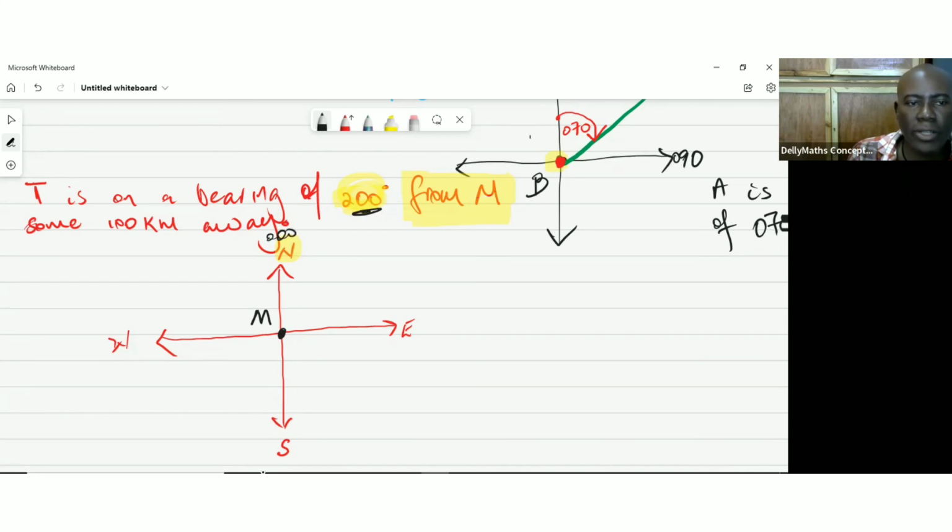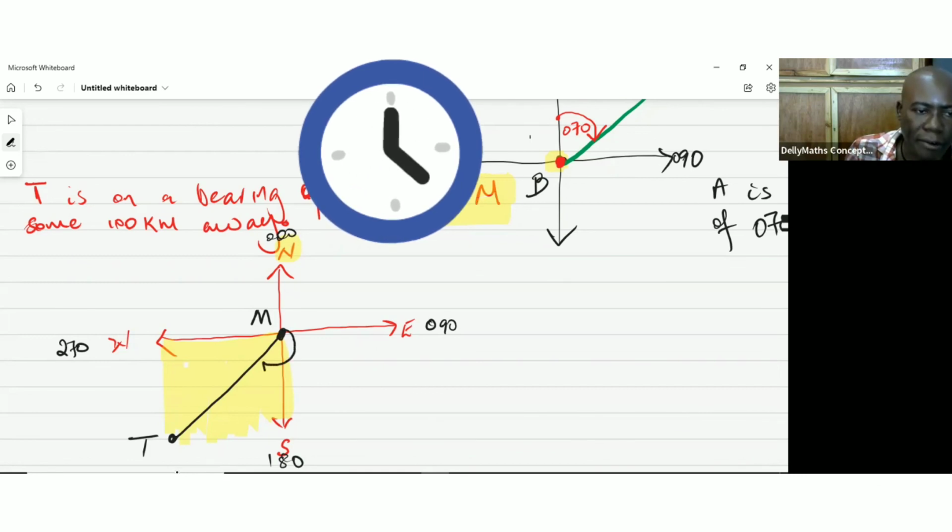We'd have our 0 degrees there, our 90 degrees here, 180 here, and 270 there. It is suggesting that the bearing 200 degrees is somewhere in this quarter, which means I need to move in that direction. From my point here, T would be somewhere here. You stop this, you can call that T. In order to mark the bearing though, the bearing cannot be from here.